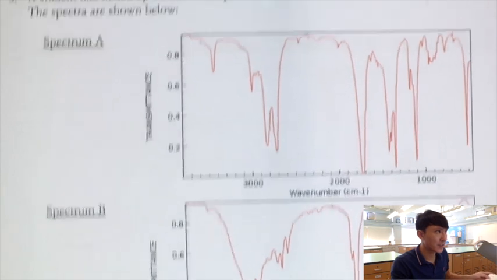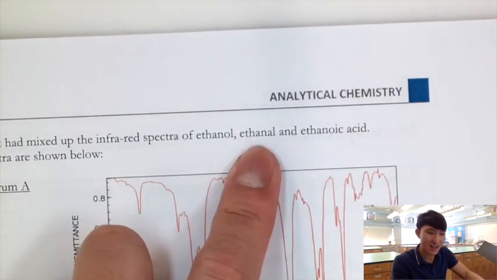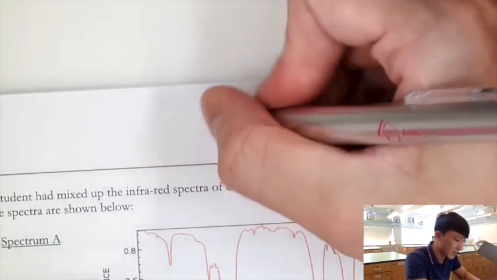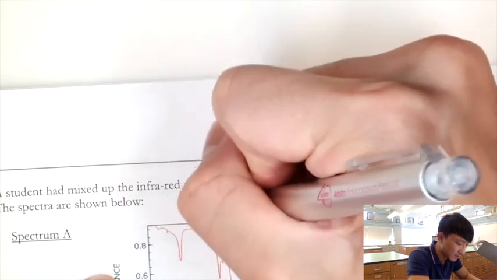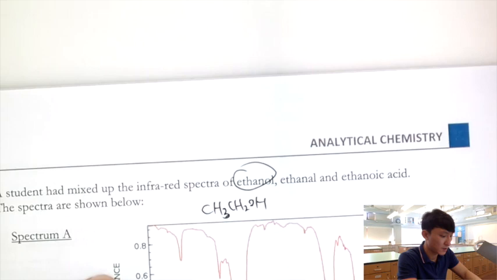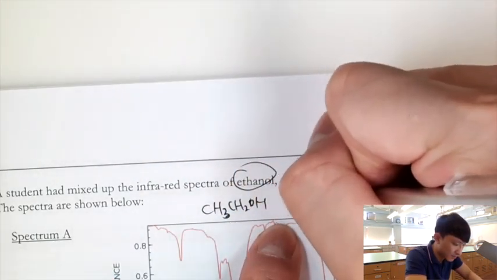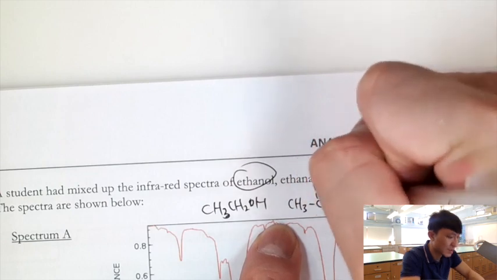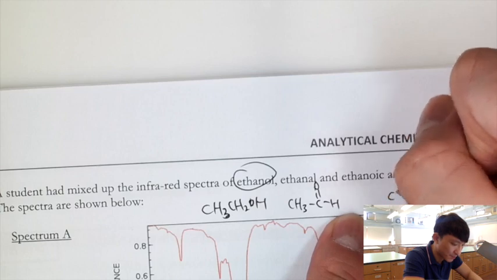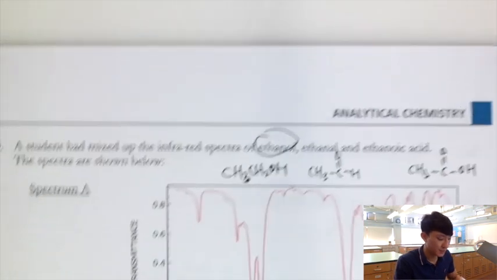So the first thing you need to do is know the structure of ethanol, ethanal, and ethanoic acid, right? So, of course, ethanol is like this, with the OH here. Ethanal is with a C=O double bond, and ethanoic acid would have both the C=O and OH, right?